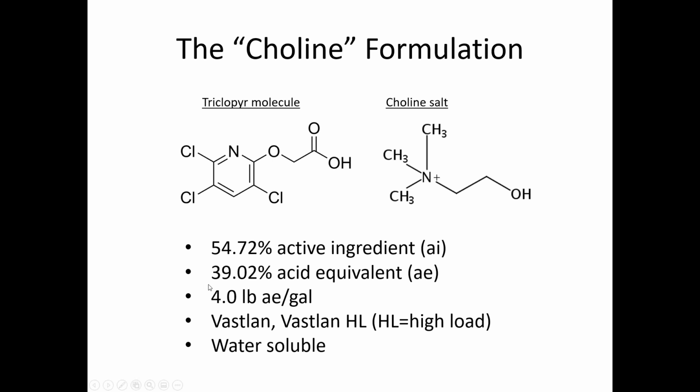In this case, it's another higher load formulation. You may have seen Vaslan HL as a trade name for it, or Vaslan. This is a 54.72% AI, 39.02 on the acid equivalent side of things for that base Triclopyr molecule, and this is also another 4 pound per gallon acid equivalent formulation.